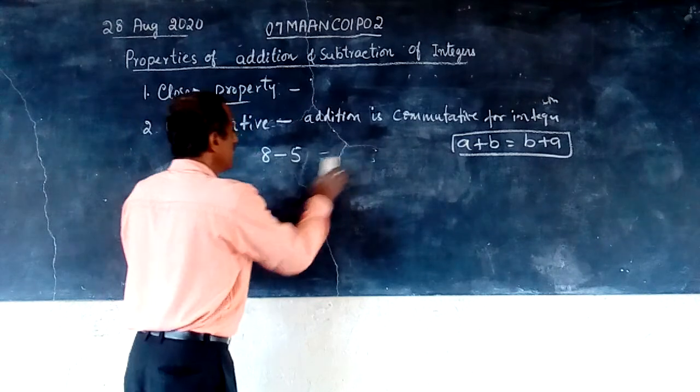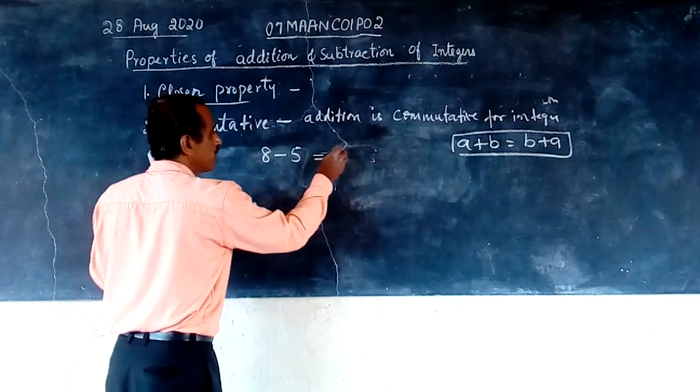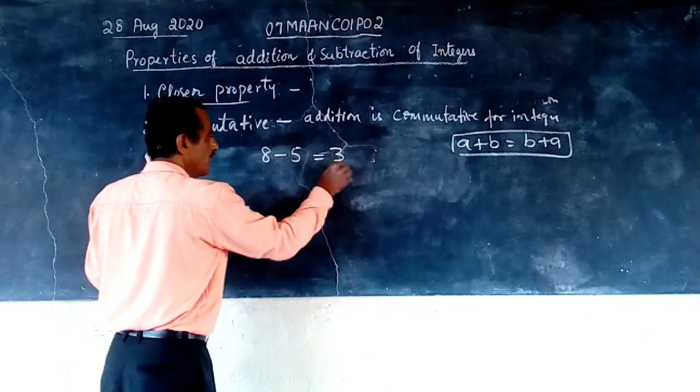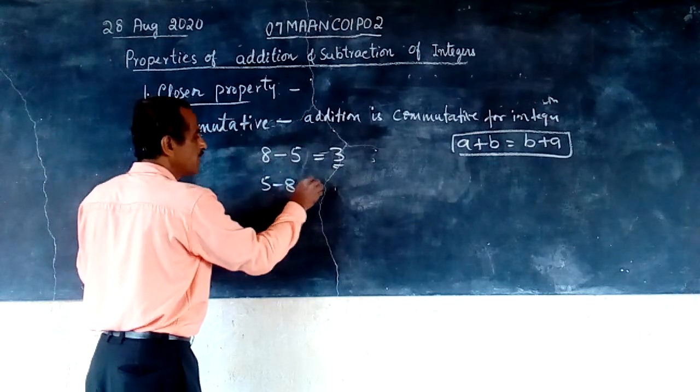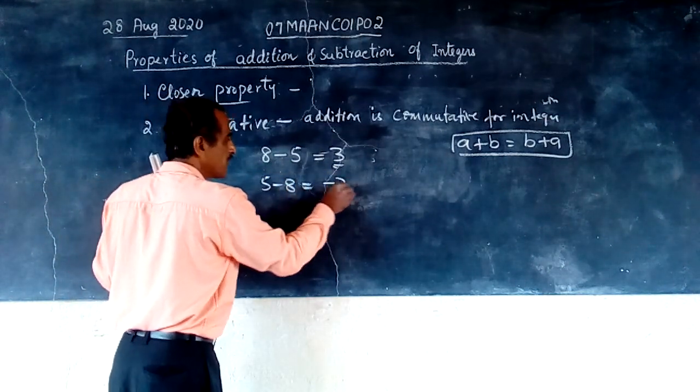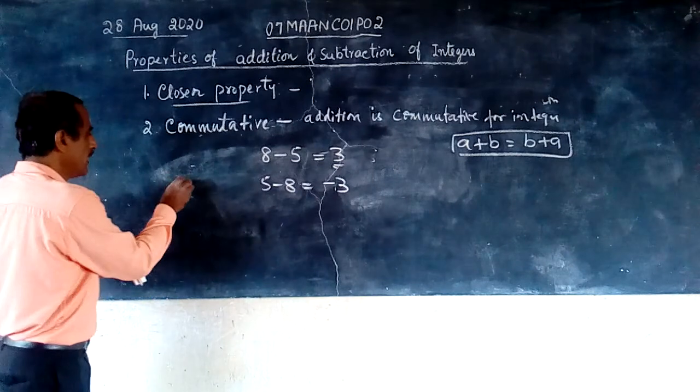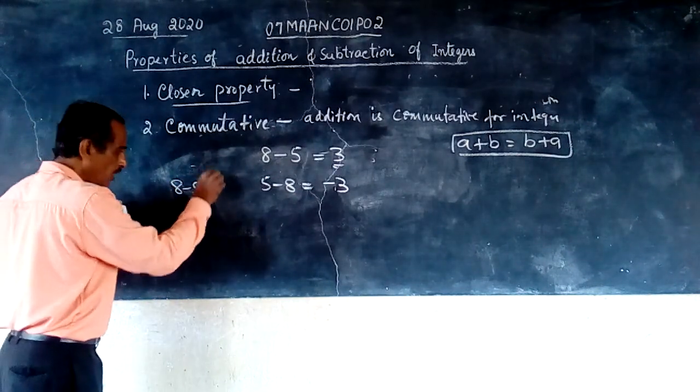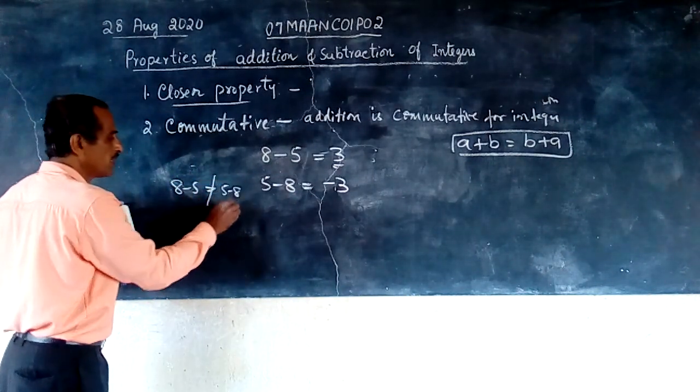Let us see. 8 minus 5 is equal to 3. 5 minus 8 is equal to minus 3. It is not equal, isn't it? 8 minus 5 is not equal to 5 minus 8.